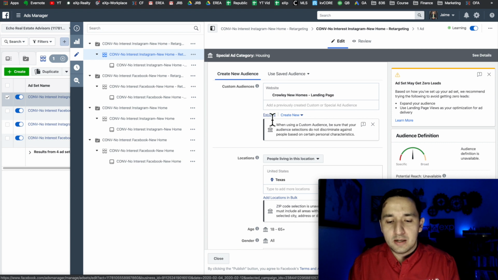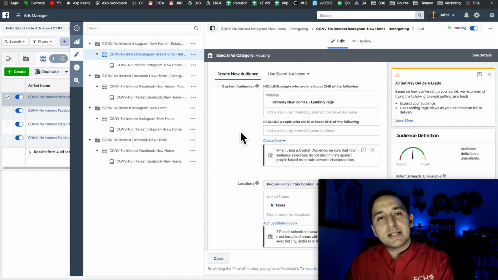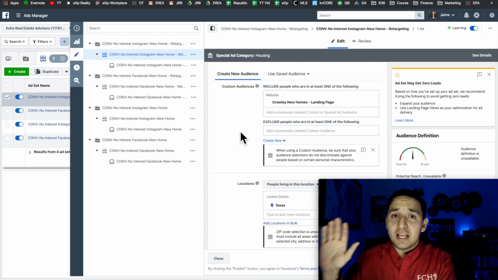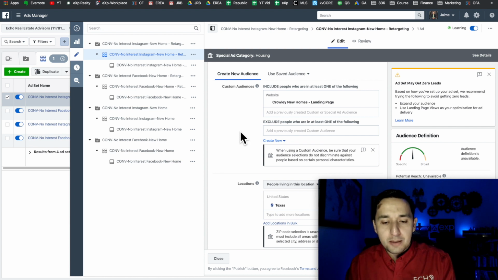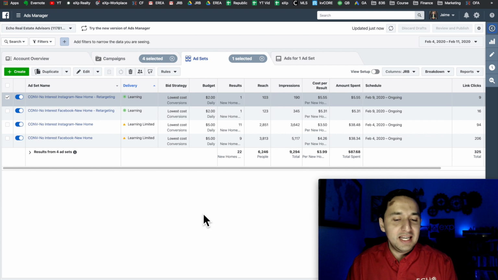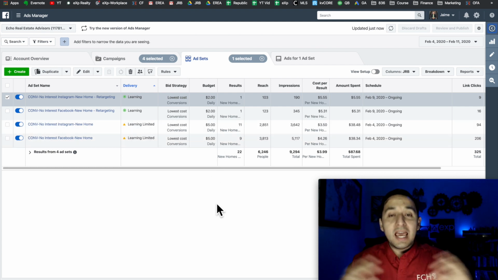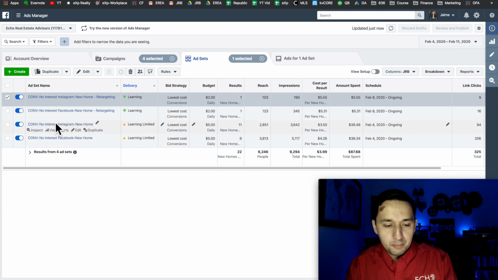So I would have just selected exclude, and then I would have selected the custom audience of the people that had gone through and converted to become a lead. In this particular instance, I was okay with not doing that. I wanted to saturate the message more than anything, so I was okay doing that. And as you can see here, the cost per result is starting to go higher. Now the reason for that is because this was a $5 campaign per platform.